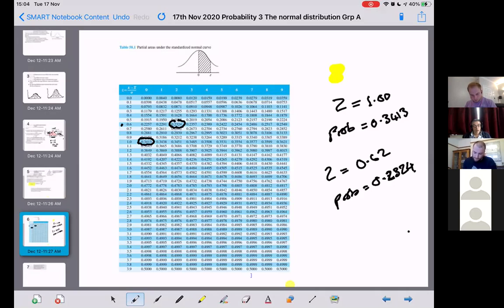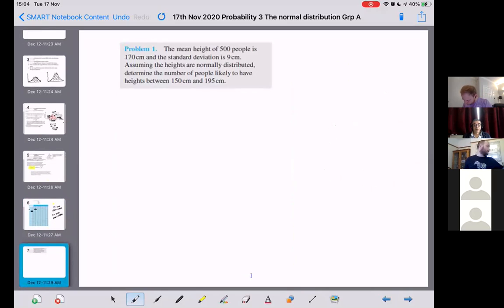Right, let's have a look at a proper example then. The mean height of 500 people is 170 centimeters. So mean X bar equals 170 centimeters. The standard deviation is 9 centimeters.